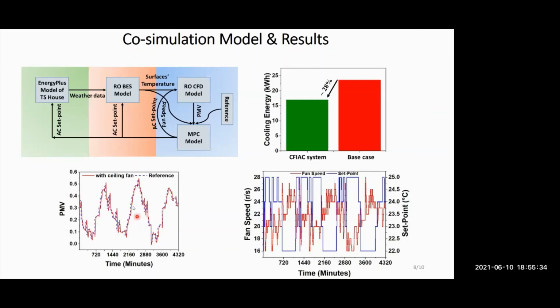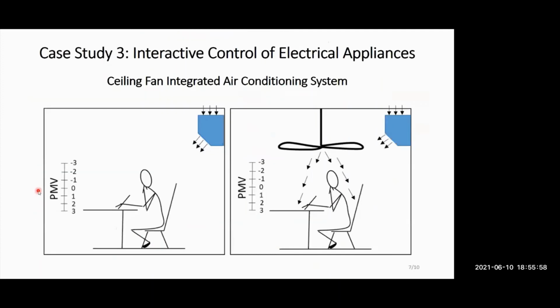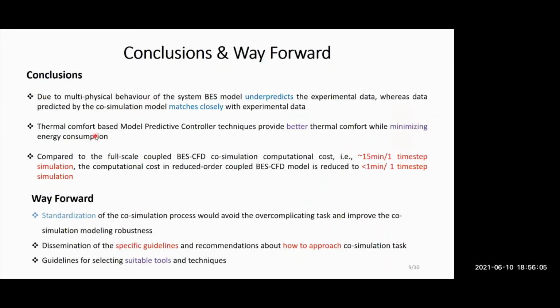During this, the controller provides different set points and different rotating speeds to the ceiling fan and the HVAC system, and we can see that this controller facilitates 28% saving compared to the traditional case. So in this way, our second guy is able to save energy and also achieve the thermal comfort of the first one.